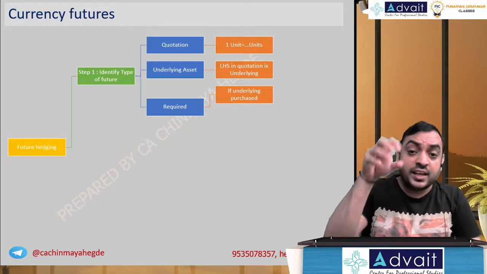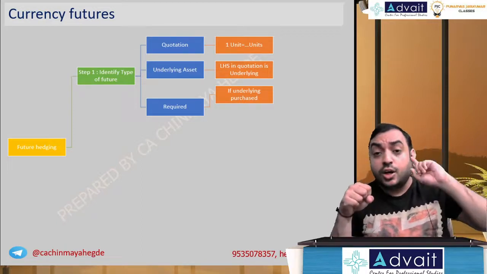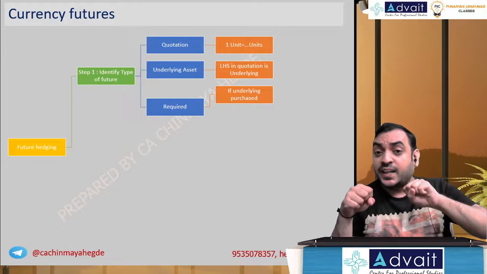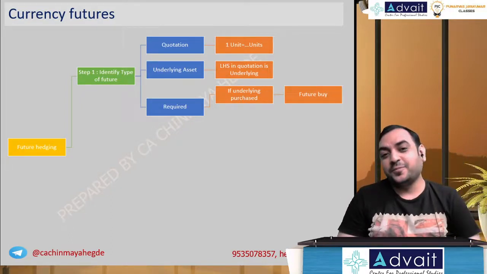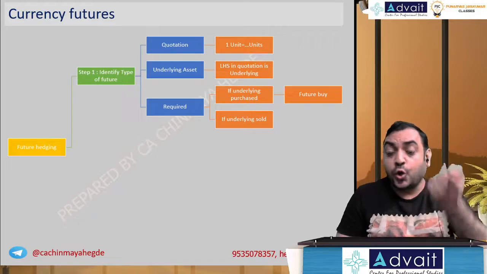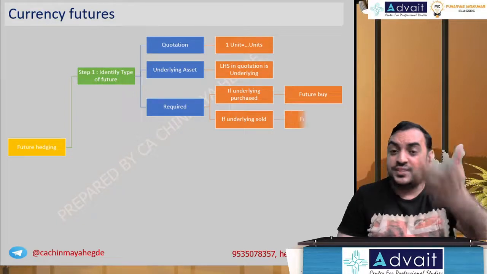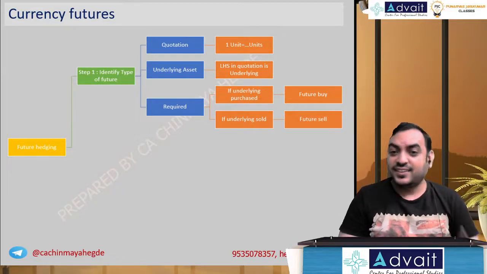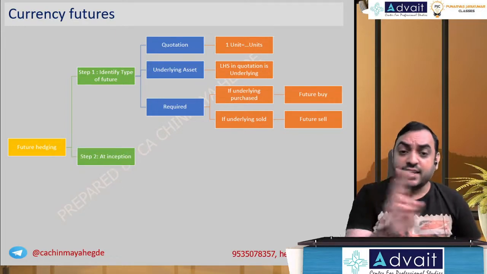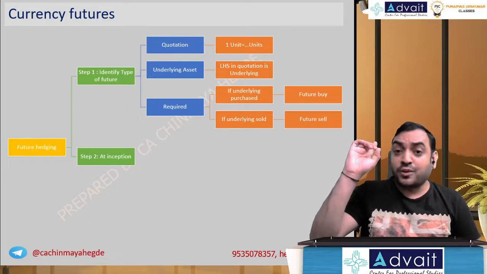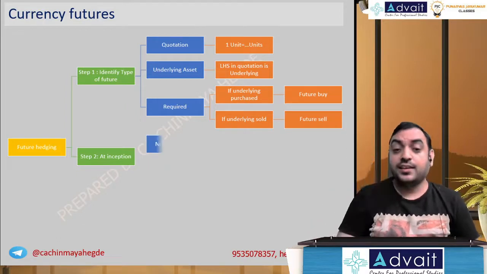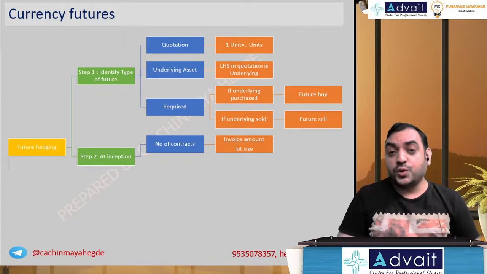If I'm buying the underlying asset, what I did in option was call option. Here, I will do future buy. If the underlying asset is sold, there I do put option. Here, future sell. Simple. Then, second step, at inception, we compute the number of contracts, right? Two situations are possible: the invoice amount is the same as the lot size currency, or it is not.